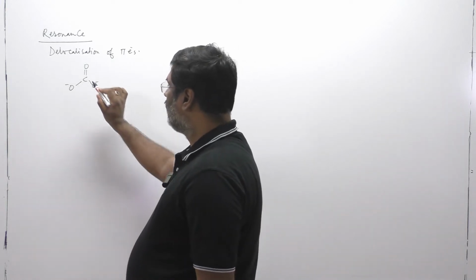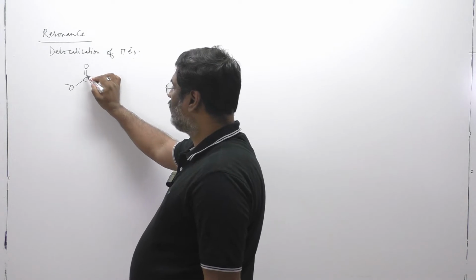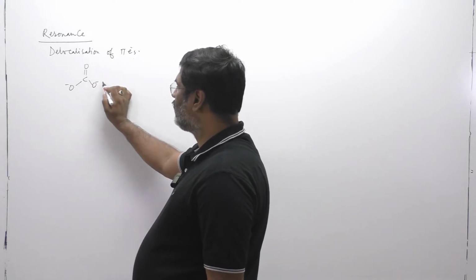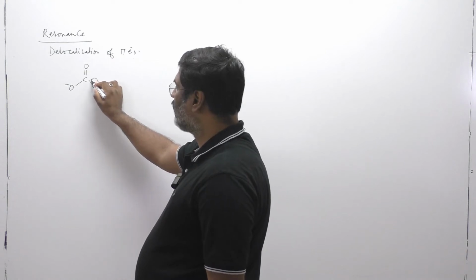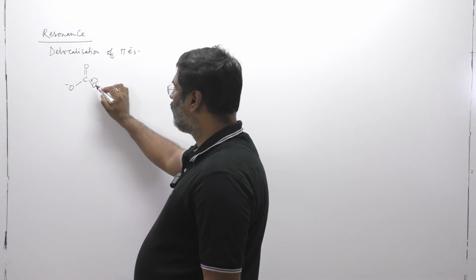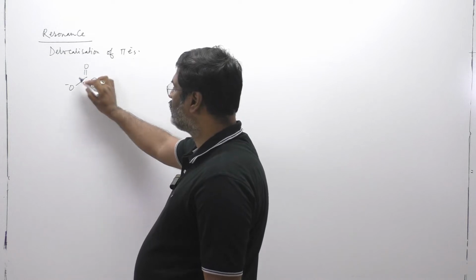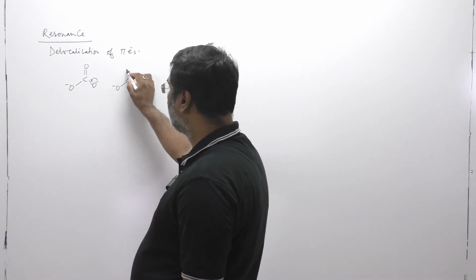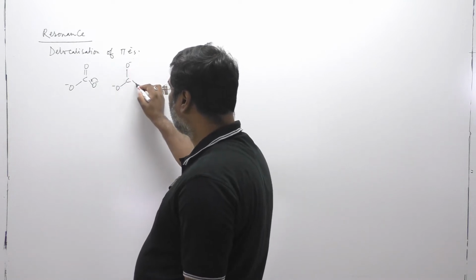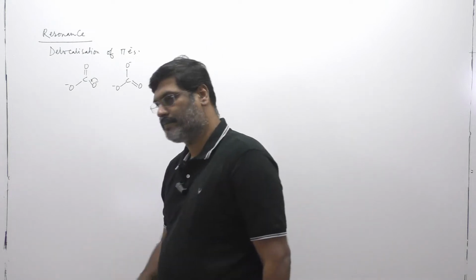Here there is a double bond between this carbon and that oxygen, and negative charge here and here. But there is another way of writing: this double bond we can write here, and this oxygen and that oxygen will have the negative charge.